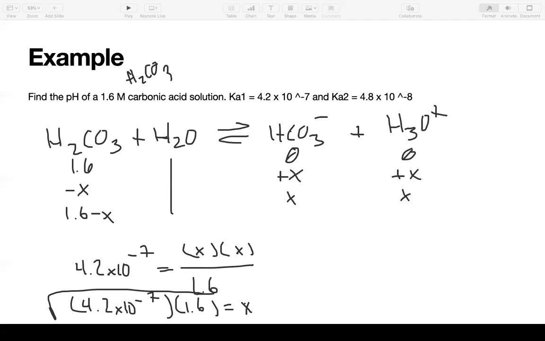In this case, x is equal to 8.2 times 10 to the negative 4. So that's equal to this one right here and this one right here. So we're going to write that down somewhere and then come back to those numbers in a second. So I'm going to go ahead and clear this screen real quick.